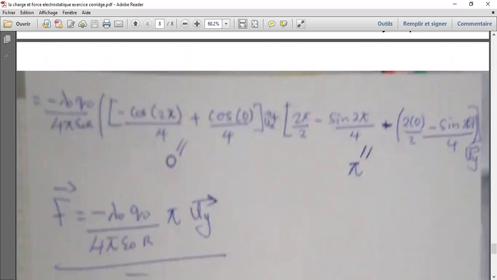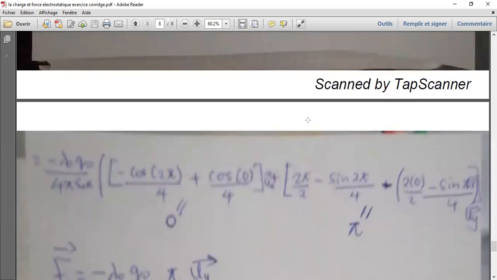Yeah, so it's supposed to be 2, because after punching, it's giving me the same answer, 0 and the pi.